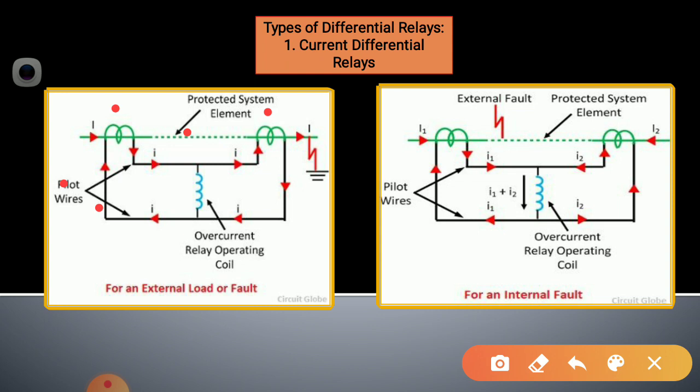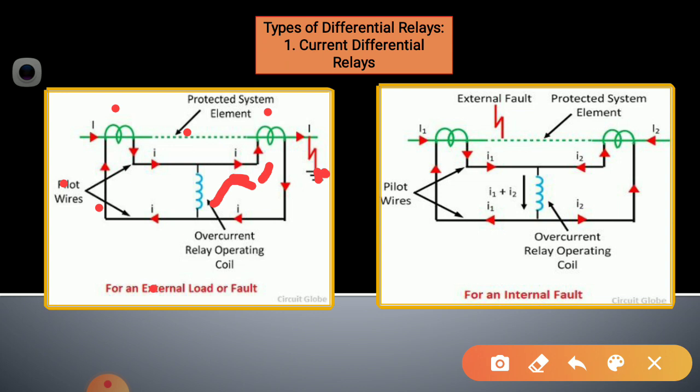So under normal condition, the two CT secondaries are arranged in such a way that when the current entering and leaving the protected line is the same, then zero current will flow to the relay operating coil. Now suppose a fault occurs on the right side of the protected zone, then the CT secondary currents will be different. Then this differential current flows to the relay operating coil, and the relay operating coil gets energized and it will give a signal to the circuit breaker for its operation.